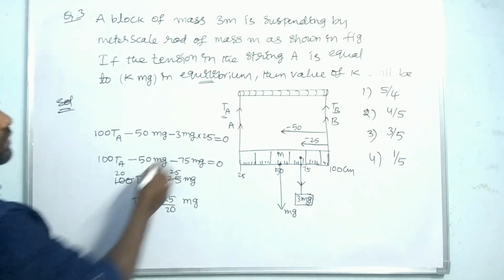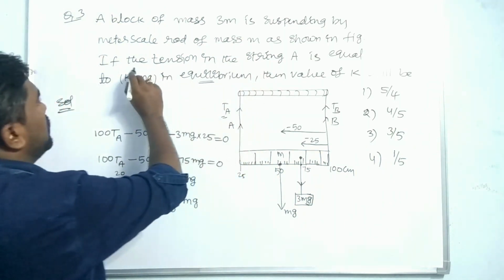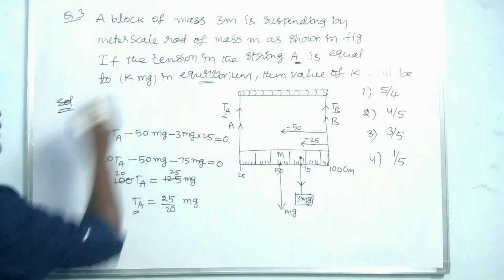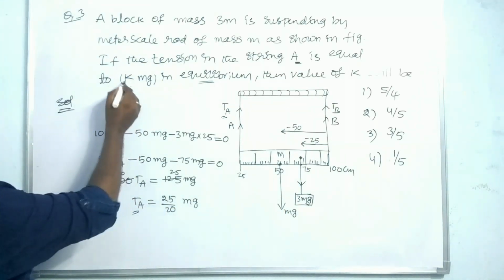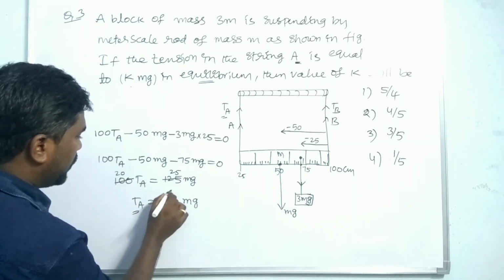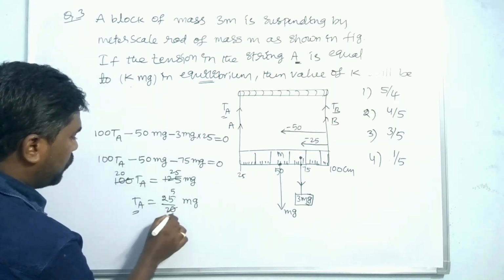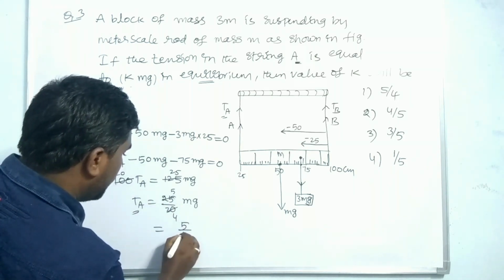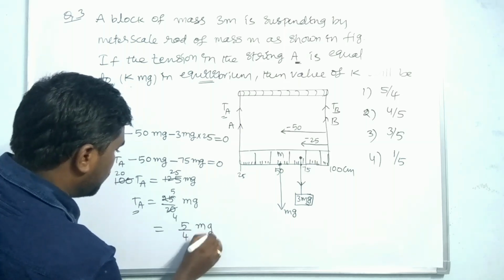Actually, TA is already given to us. The tension in the string A is given as k into mg. So what is the k value? Here 5 5s are 25 and 4 5s are 20, so it is 5 by 4 into mg.